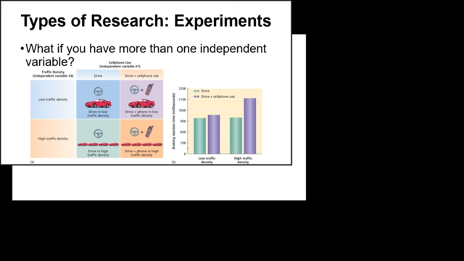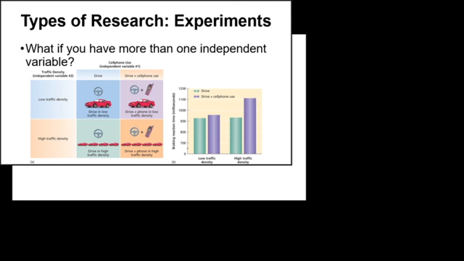And at the bottom here, they've broken it down so that we can see high and low traffic density, distracted driving, not distracted driving, for both of them versus their braking times. And so we can see that there's actually a difference between the low traffic density and the high traffic density sets. So in low traffic density, the distracted drivers take a little bit longer to stop, but not a lot.